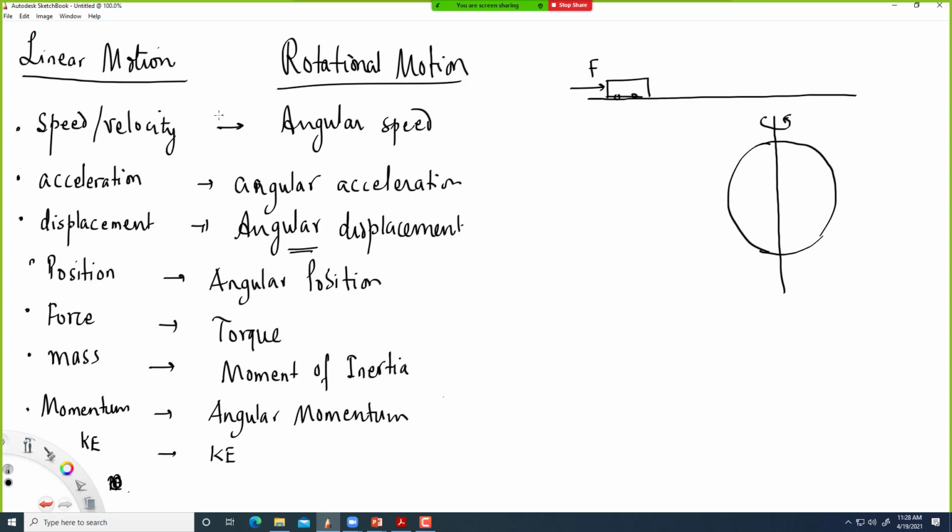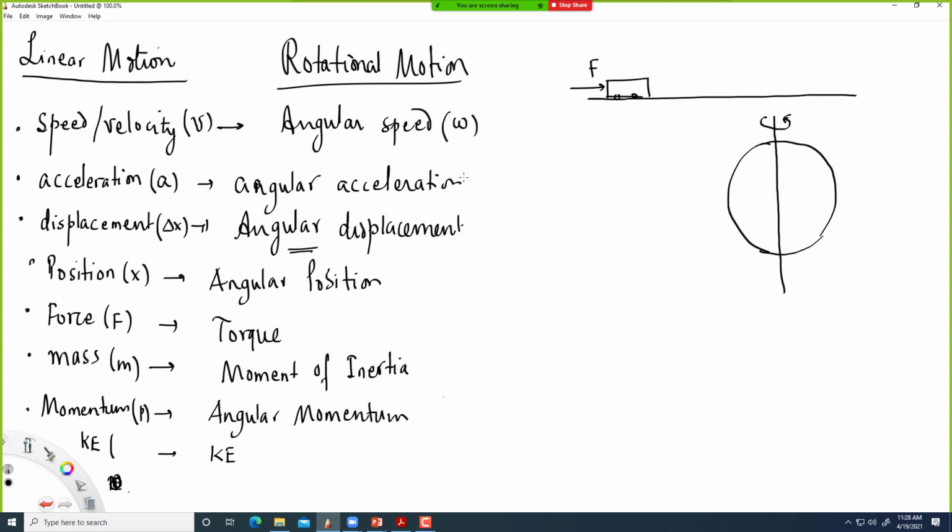Let me first ask you, what are the notations for these things? So speed is what? Do you remember? V, right? What's the notation for acceleration? A. Yeah. Displacement is delta x. Position is x. Force is F. Mass is m. Momentum is P. Kinetic energy is just KE. Here, angular speed is this Greek letter omega.